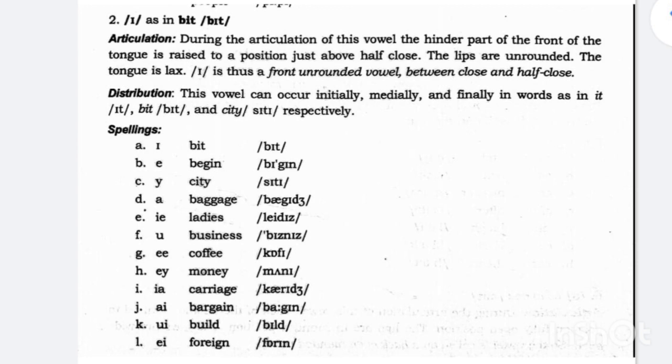Coming to distribution, this vowel can occur initially, that is in the front part, the start, medially, that is in the middle, and finally, in the end, as in it. See, its position is initial here. Bit: the initial position is B and the final position is T, and the vowel comes in between, in the middle. This is the medial position, and as in the word city, it is transcribed like this.